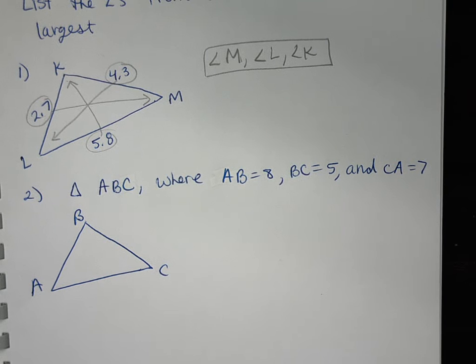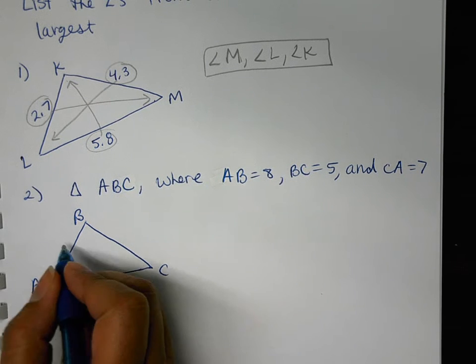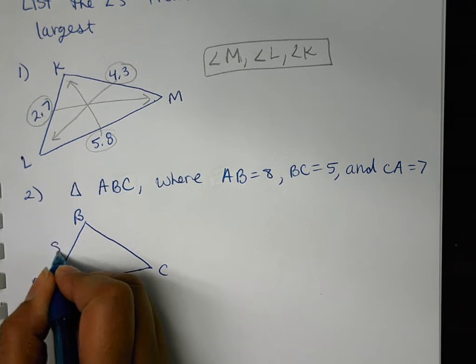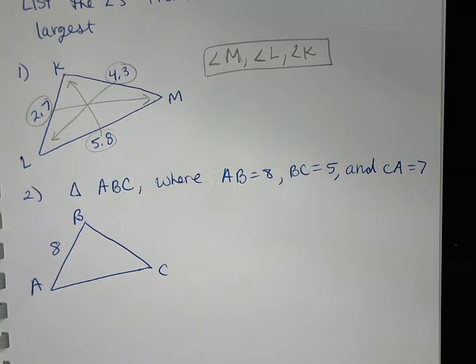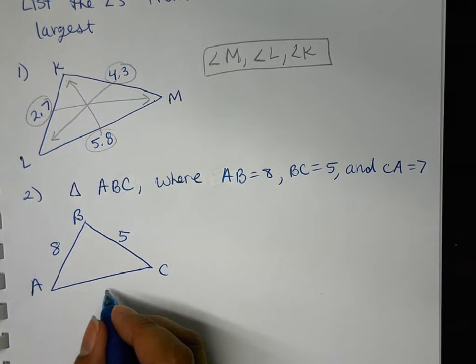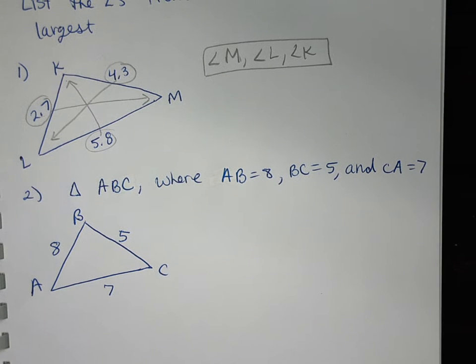Okay. So, if I have it like this, according to my information, AB is 8. This is AB for me. BC is 5. This is my BC. And CA is 7. Now, if your triangle looked different, do your numbers look different? Like not different, but in different places.